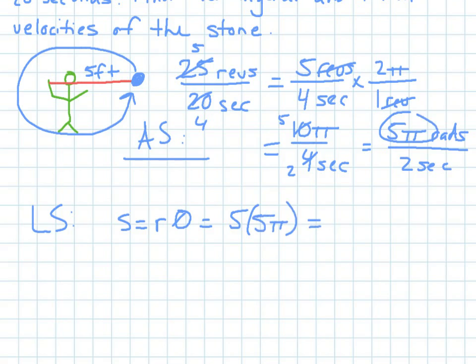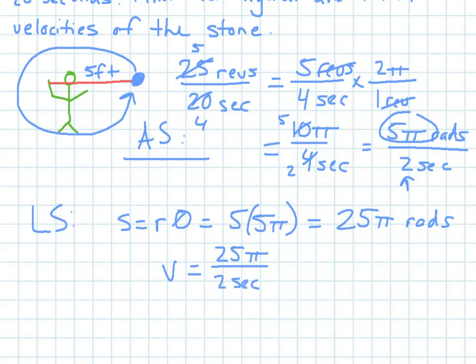So now you multiply those, you get 25 pi. Okay? And so then now, if you use your s over your t, we already kind of reduced it, and it's down to 2 seconds. So that's our time for distance. So now v is going to equal 25 pi over 2 seconds.